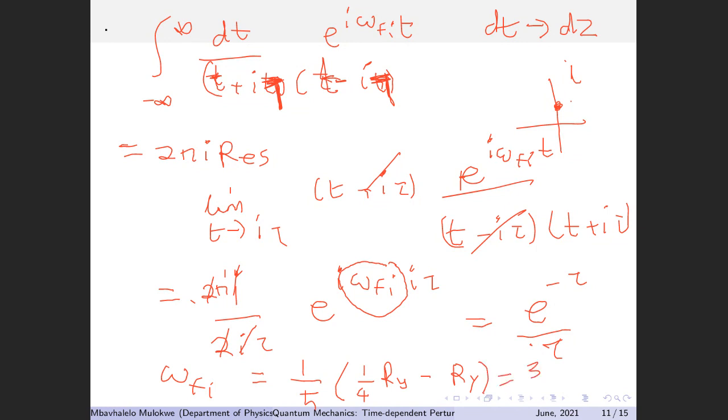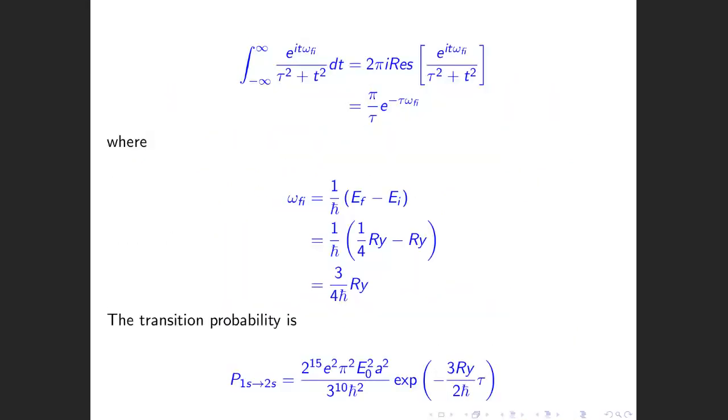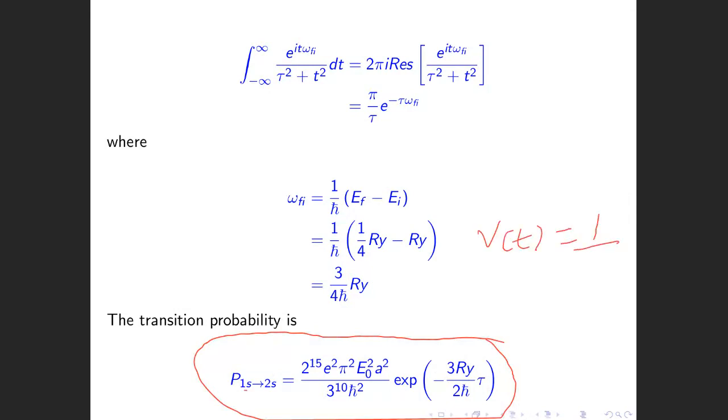So this gives you 3 over 4 of the Rydberg. Once you put everything into the expressions, you end up with this. So this is the transition probability that you go from the 1s state to the 2s state once you put in that perturbation where v of t was given by 1 over t squared plus tau squared.